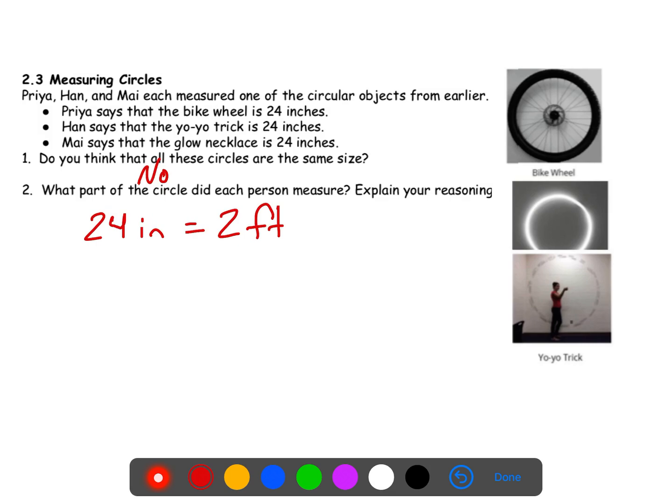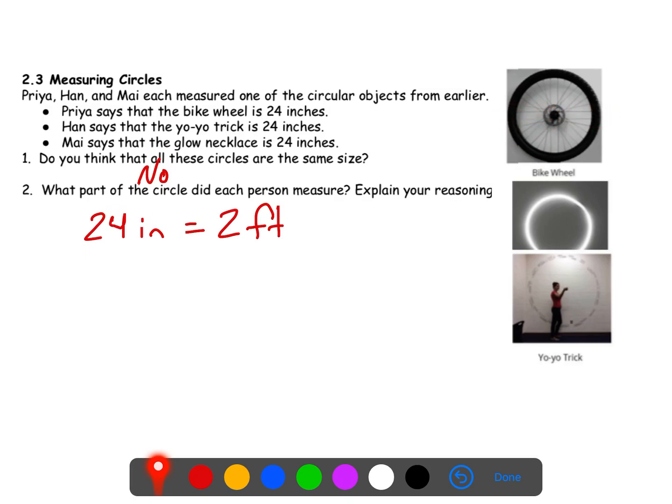Now, if we look at this bike wheel, thinking about what could be 24 inches on the bike wheel, about the length of your forearm, I don't think we could stretch around this bike wheel 24 inches unless it was a very tiny bike wheel. What this seems more like to me would be the distance across the wheel.